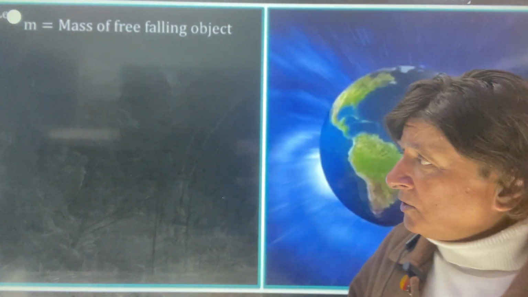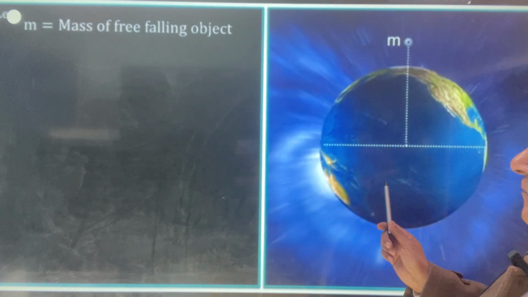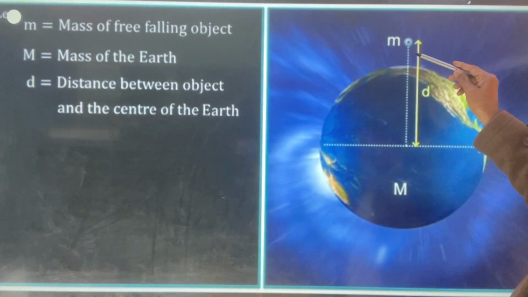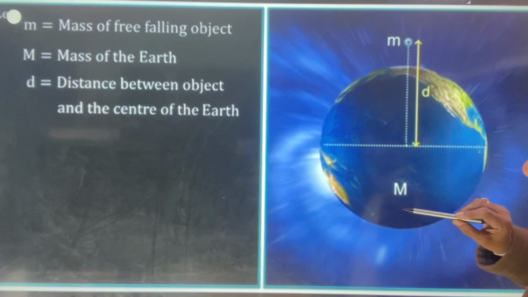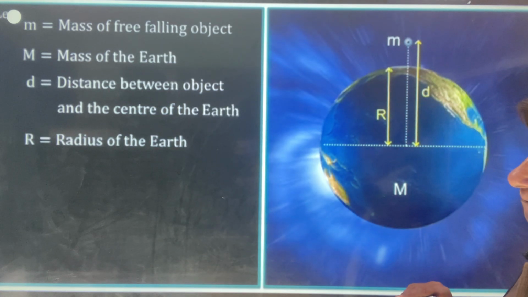Now see, the earth has a mass capital M, and small m is the object. D is the distance of the object from the earth, and R is the radius of the earth.